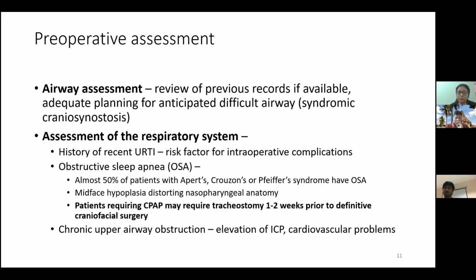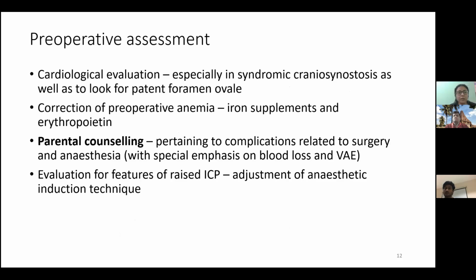In addition to the challenges that the respiratory system poses for anesthesia management, chronic upper airway obstruction also has implications in terms of elevation of ICP as well as cardiovascular problems like pulmonary artery hypertension. And these also have to be kept in mind before we proceed to anesthetize these patients.